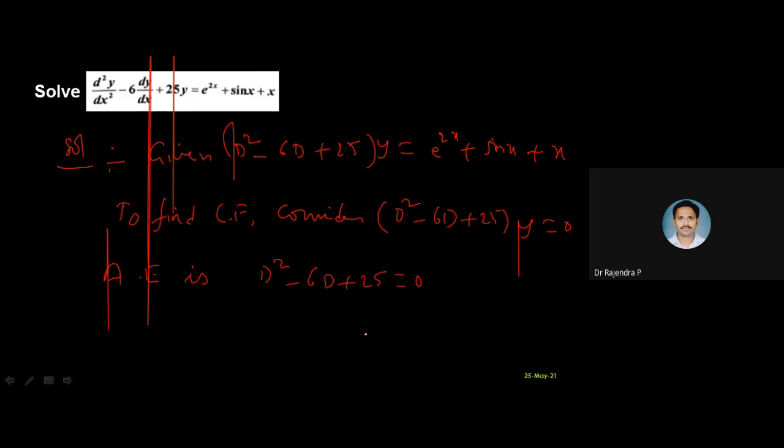What are the roots? D equals to, do you have real roots? Minus b, minus into minus plus 6, plus or minus under root b square 36 minus 4ac, 100, correct, by 2a.